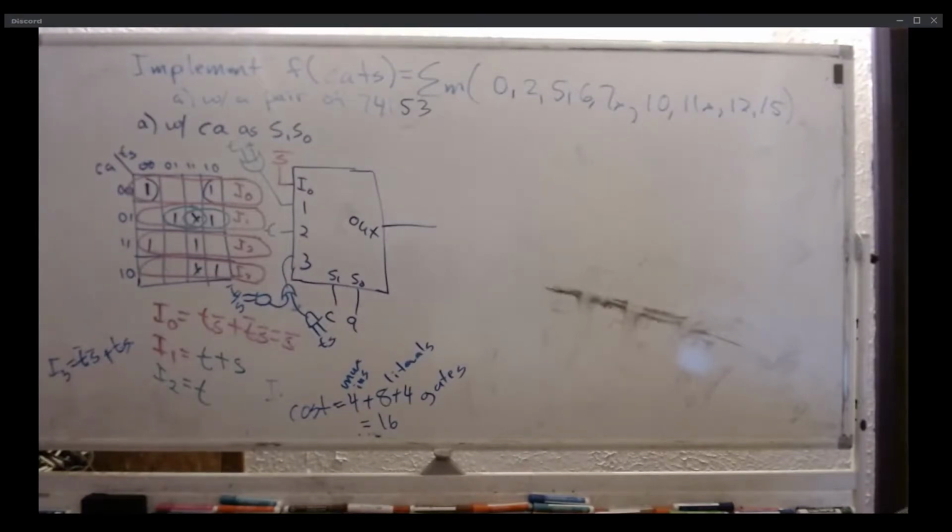I hope it's obvious to you that if we change the select lines, we could make our life easier, or we could stay the same, or we could make our life more difficult. Let's figure it out, right? What do you say?